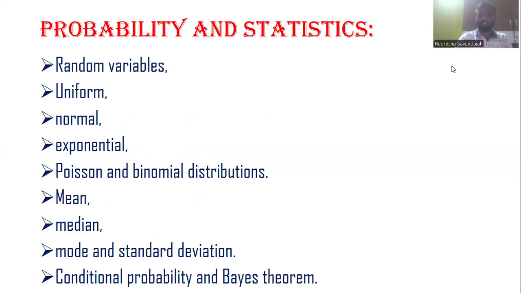This is the calculation part. Probability and statistics: random variables, uniform, normal, exponential, Poisson and binomial distributions, mean, median, mode and standard deviation, conditional probability and Bayes theorem. This comes under probability and statistics.